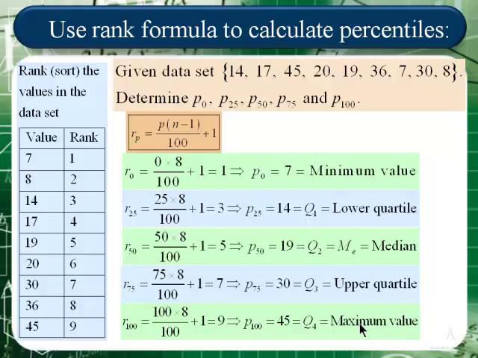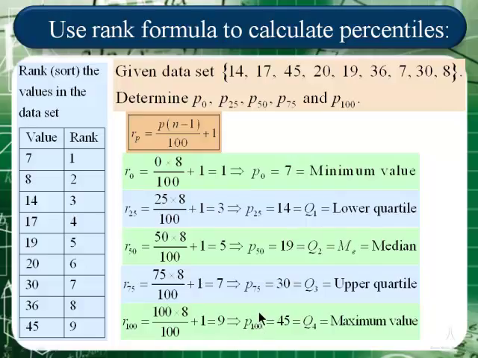The important values that we are interested in are these 5 values: the minimum value, the lower quartile, the median, the upper quartile, and the maximum value. Now here what you can see is that 8 out of the 8, in other words 100% of the values, lie below or are less than percentile 100.